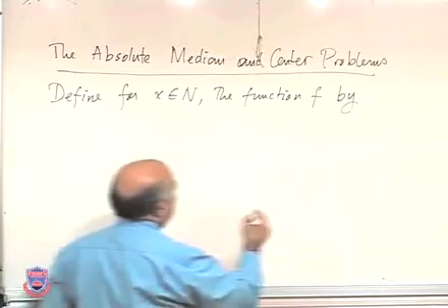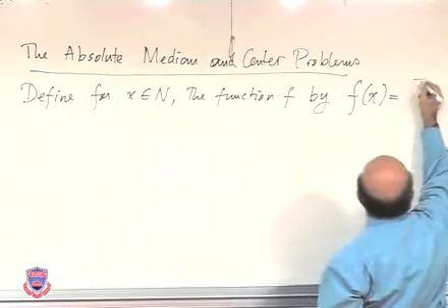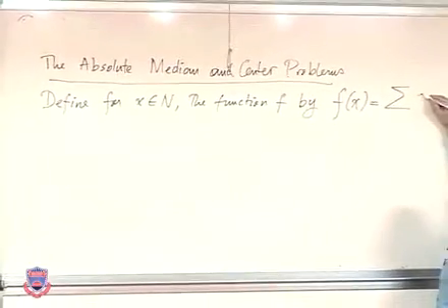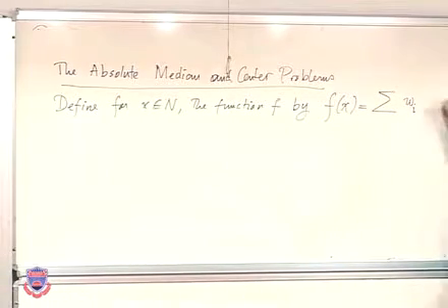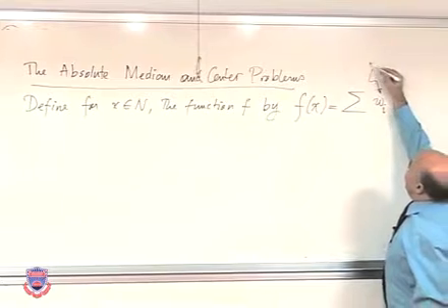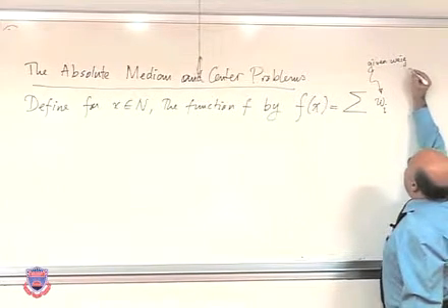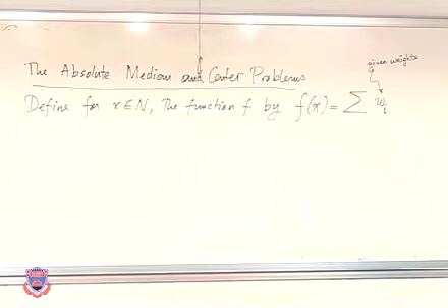Define the function f by f of x equals summation, the appropriate weight for the ith vertex. I assume wi are given. And let's just assume they are positive for the time being.